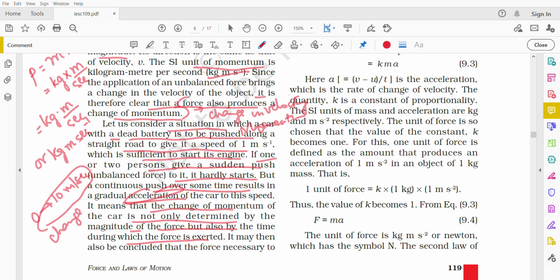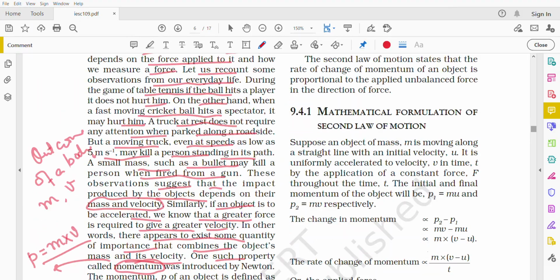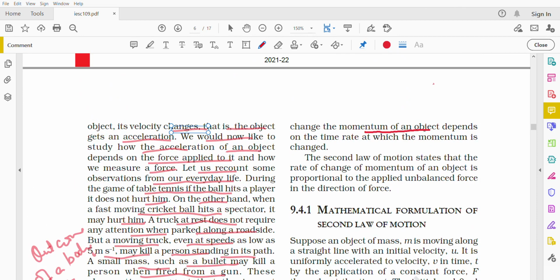So now here, they are telling that not only a force is responsible to bring a change in the position of the body, even time is responsible. Thus it can be concluded that the force necessary to change the momentum of an object depends on the time rate at which the momentum is changed.